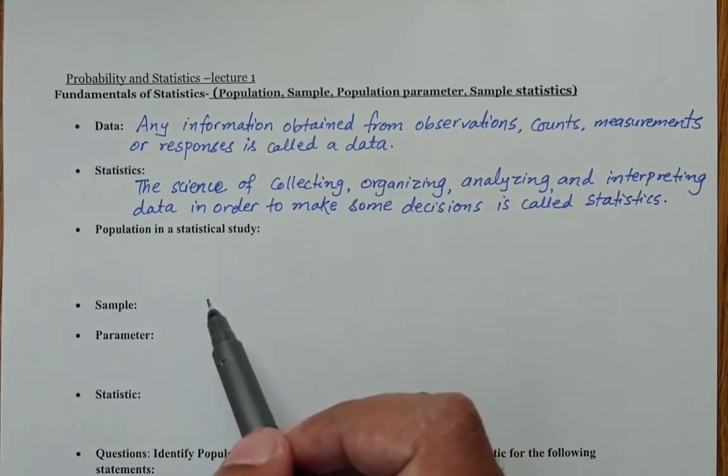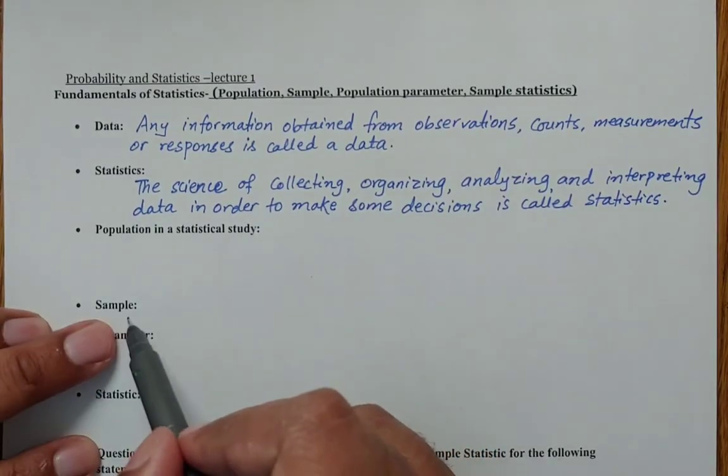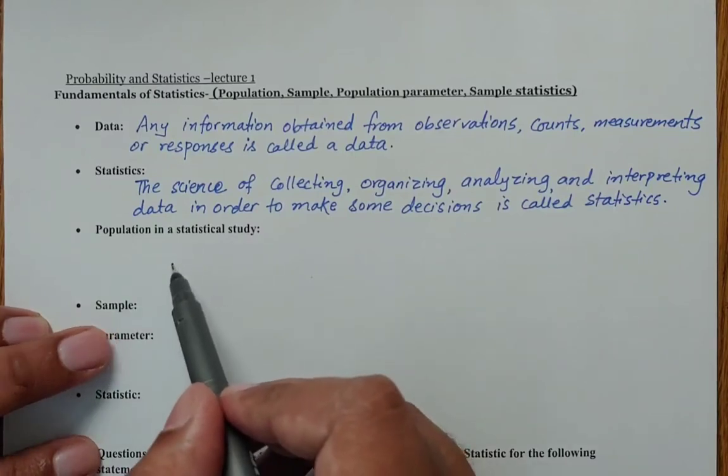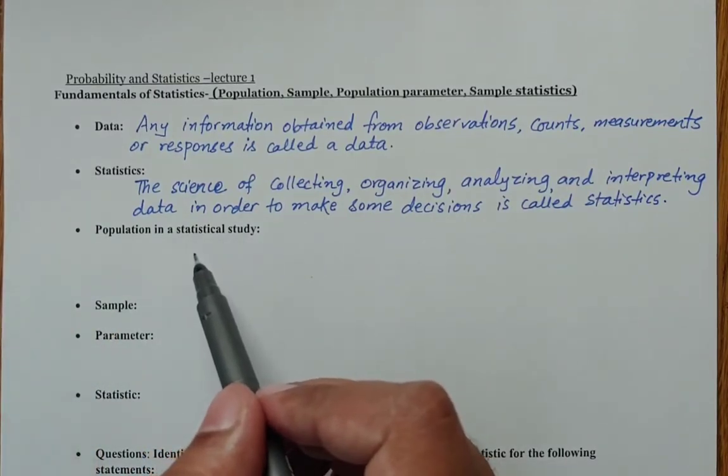That complete object which is under study is called the population. And sample is a part of the population. So population is the whole thing related to any observation or any research.